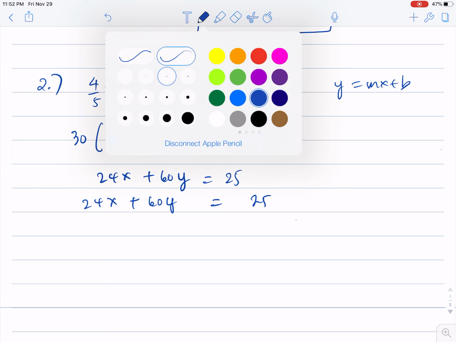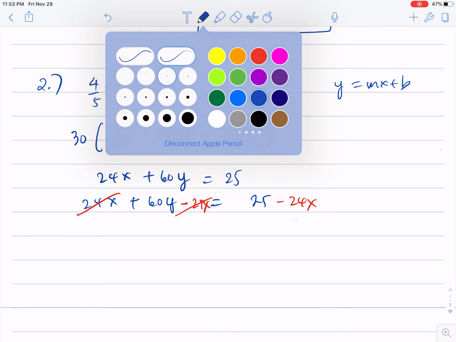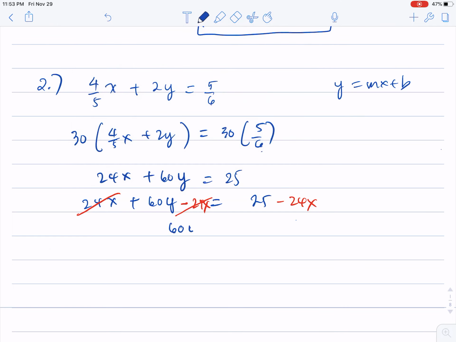So magma-minus tayo ng 24x. So minus 24x. Makakancel to. Wala na yan kasi nag-minus ka na. So, matitira magiging 60y equals 25 minus 24x, or simply, negative 24x plus 25.